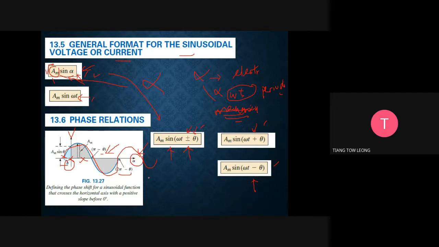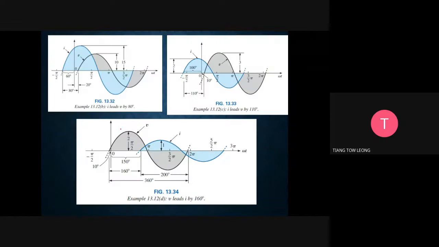So the easiest thing is we just memorize this one: Am sine omega t plus minus theta. This is the general one. We call it phase relationship. For example, I lead V or V lead I. I'm not sure whether you still remember how. Do you know how to see I lead V or V lead I or not? Class, do you know how to see or not?